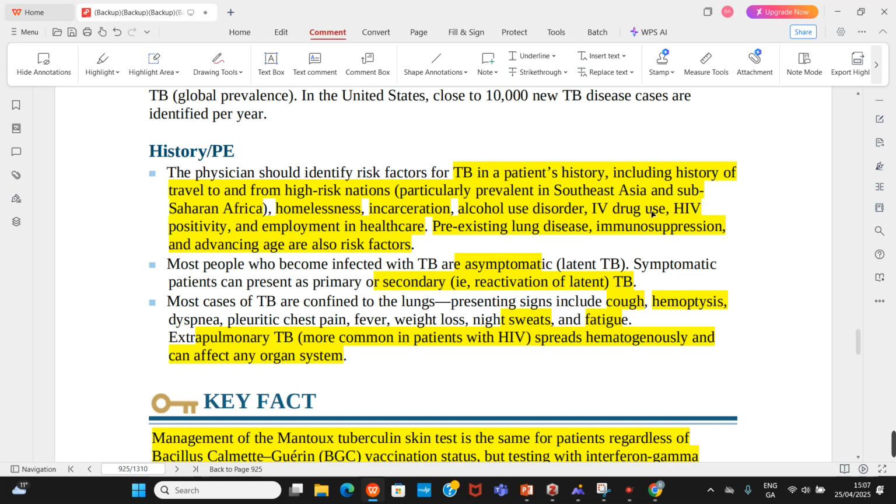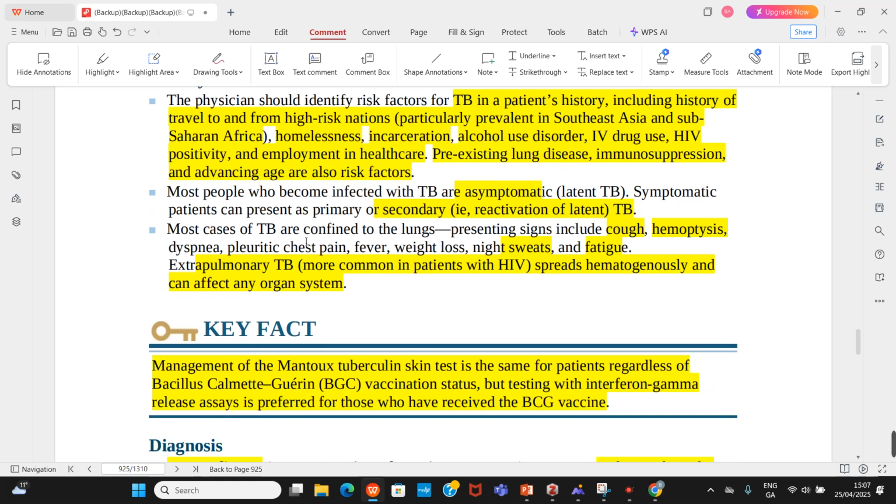So all this category of people, IV drug abusers, have a very high risk of being immunosuppressed from maybe HIV, or something. And also people with HIV, people that work in healthcare like us, or somebody with pre-existing lung disease or immunosuppression, or even advancing age. These are the common risk factors for tuberculosis.